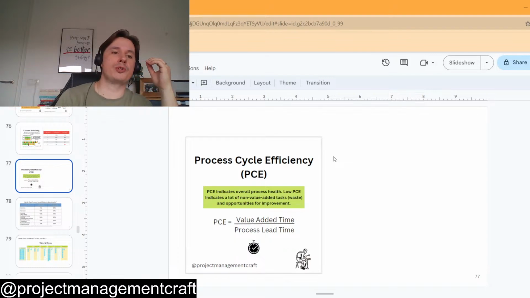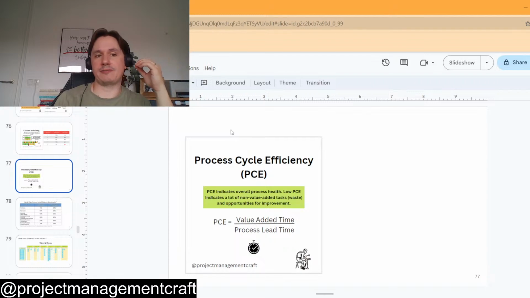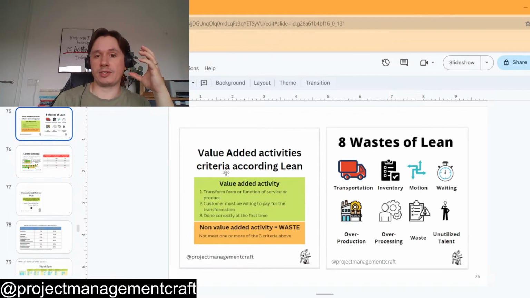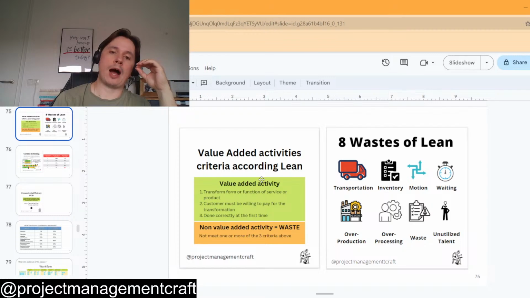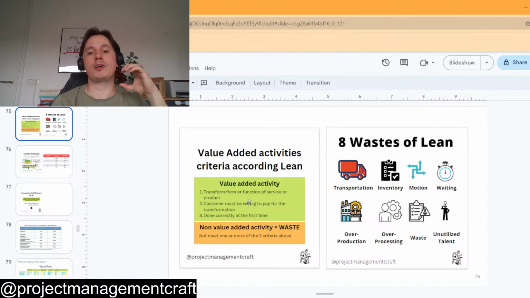Because if I just told you that our processes have waste, in our companies in the world, you're going to find waste. If you consider the Toyota definition of value added activities, I'm going to measure how much time I invest in adding value and how much waste I have.